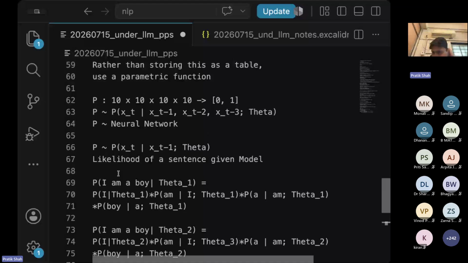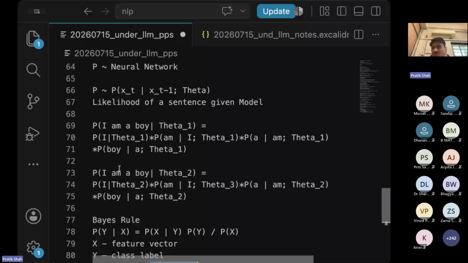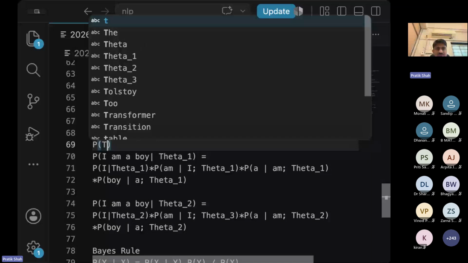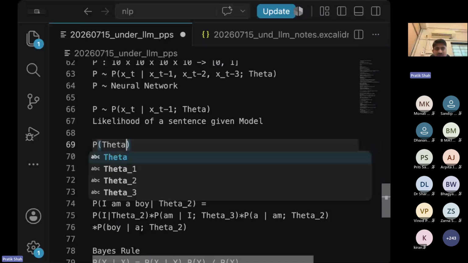You are taking a sentence and trying to figure out how likely it is that this sentence comes out of the model, rather than the reverse question, given the sentence, what is the probability that it comes out of this model? I should have been asking the reverse question, correct? Probability that I see sentence 1, I am a boy.